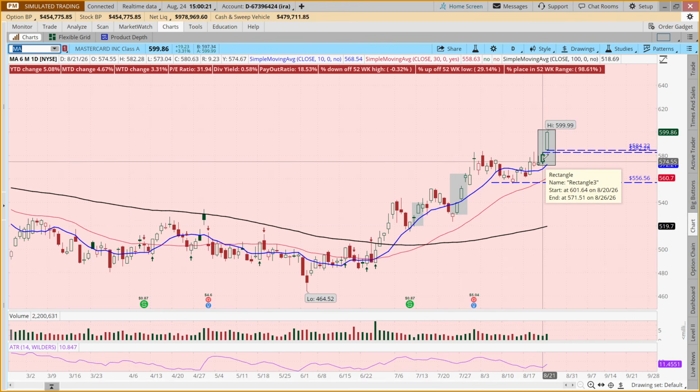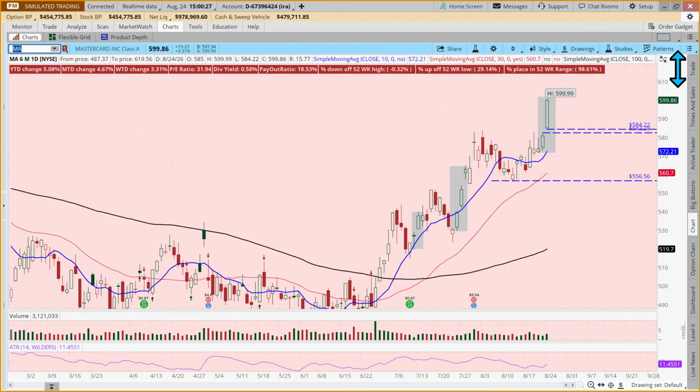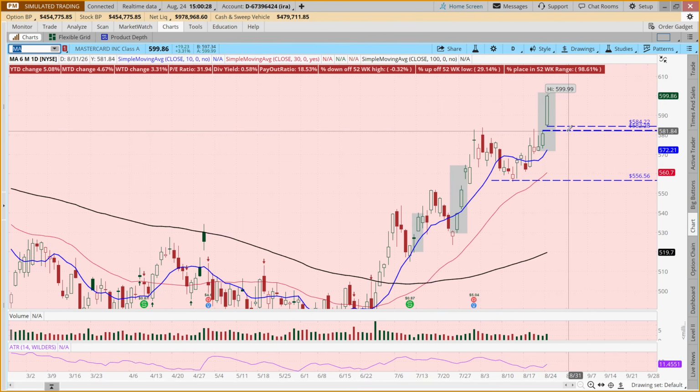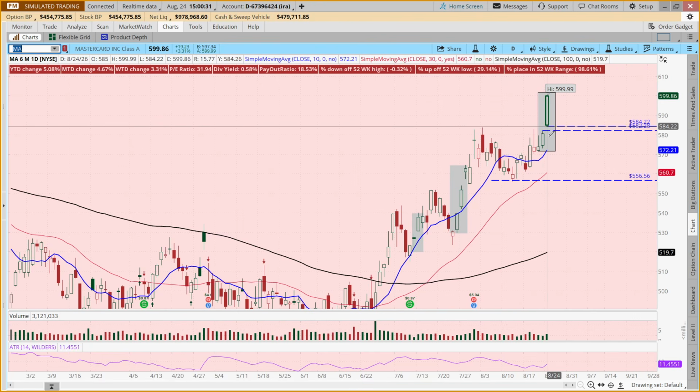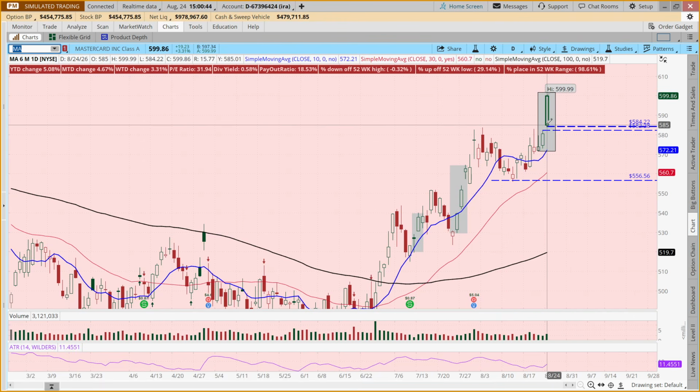Now between the close of business Friday and Monday, this gapped again. Even though there's not a big gap in price from the high of Friday to the low of Monday, this stock is still up over 3% and hit a new high today. So you call this a running gap as well.